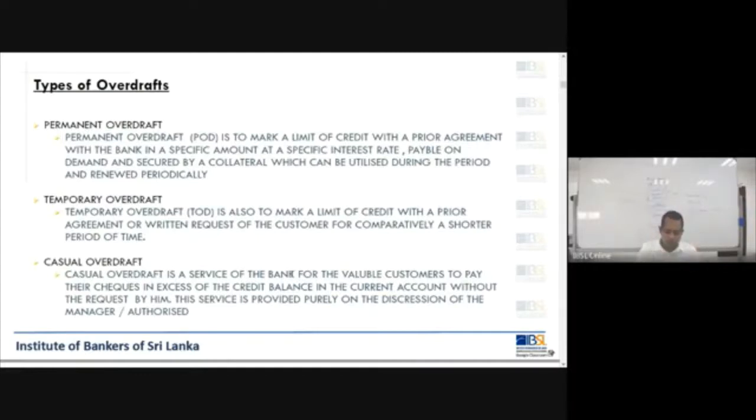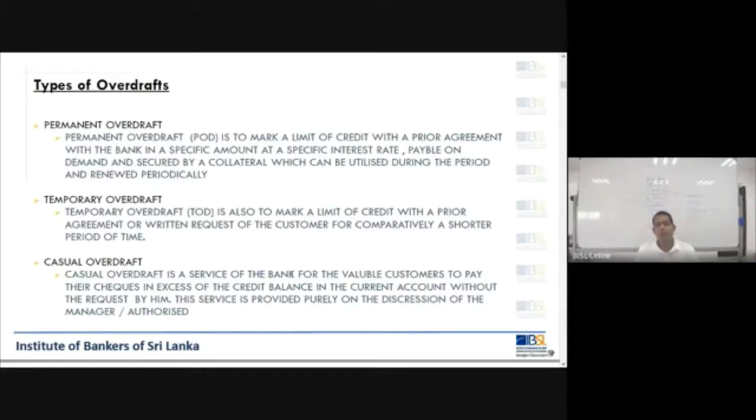So it is for a 12 months period. After 12 months, you look at the performance of the customer and the bank has the discretion to decide whether we are continuing with this limit or we are going to demand this money, right? Normally with security, it can be without security as well, collateral.